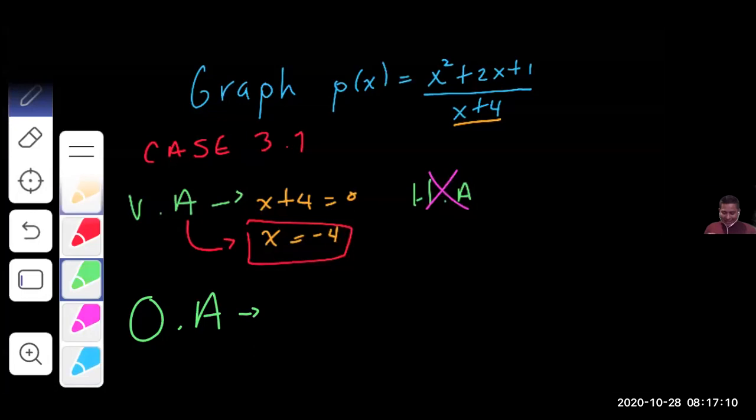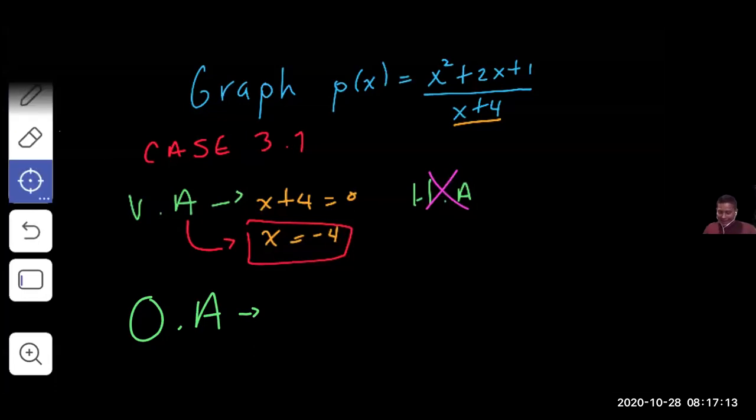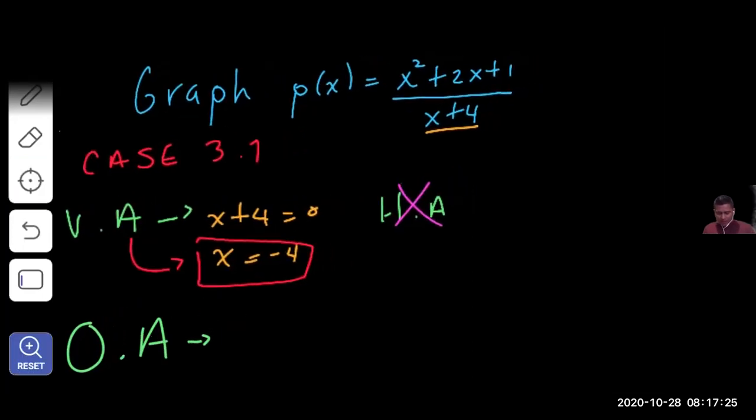You can find the oblique asymptote like this. If you try to factor this, do you think you can factor it and cancel something with this? We have to take a look at that. We can factor this: x plus 1 times x plus 1. But x plus 1 is not equal to x plus 4, so nothing cancels.